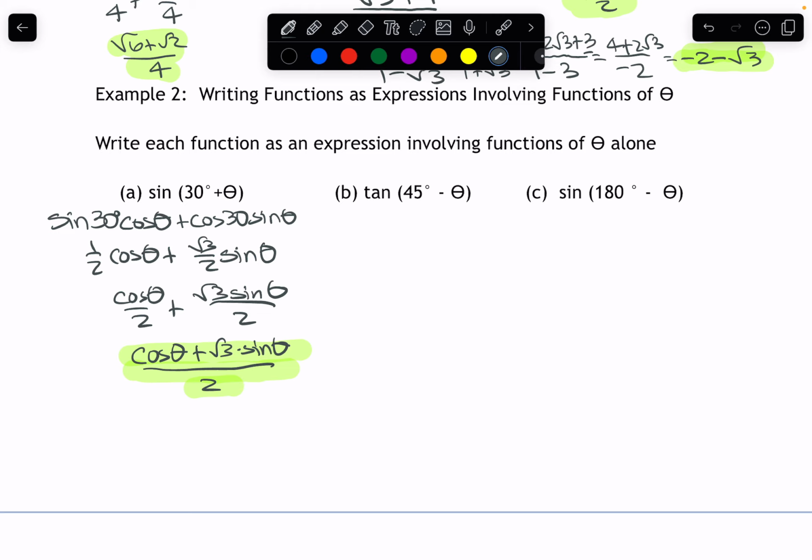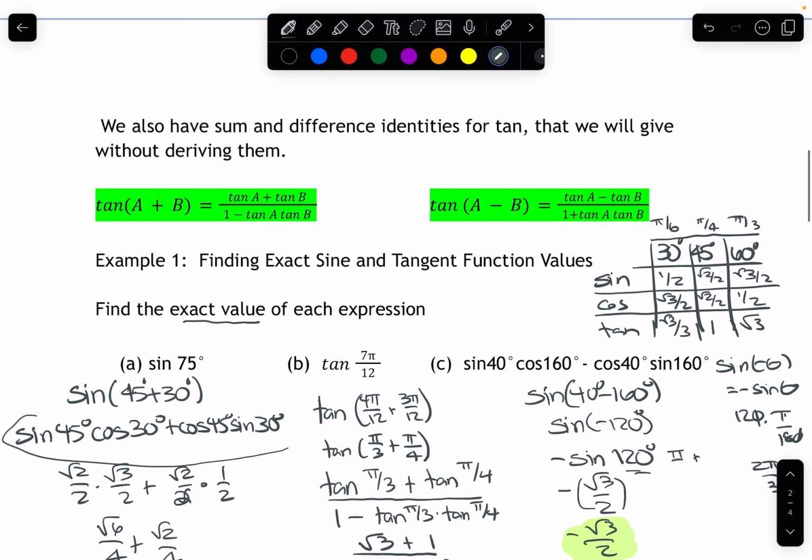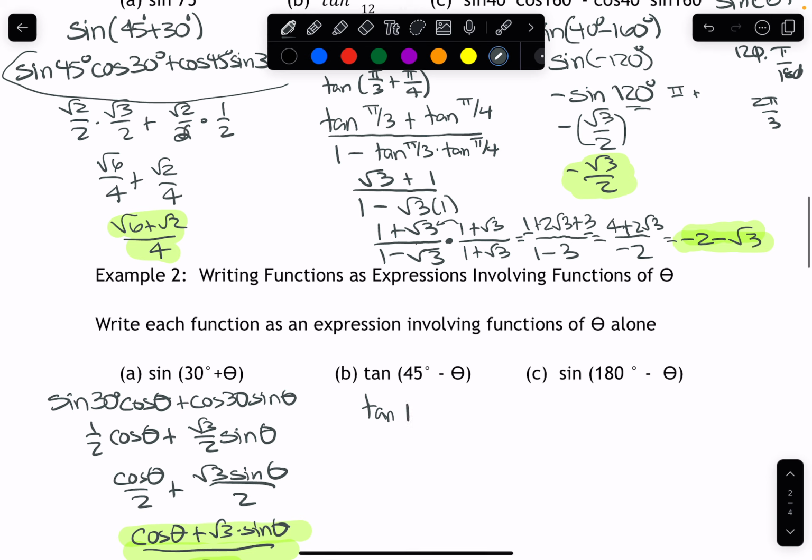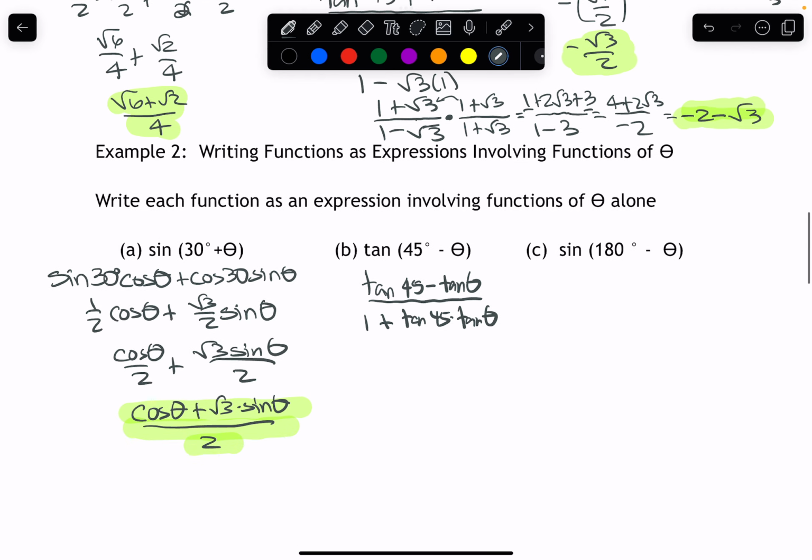Continuing, tangent of 45 minus theta. So again, we go back and if we need to, we can brush up on our tangent ratios, tan A minus tan B. So the tan of 45 minus the tan of theta over 1 plus the tan of 45 times the tan of theta.